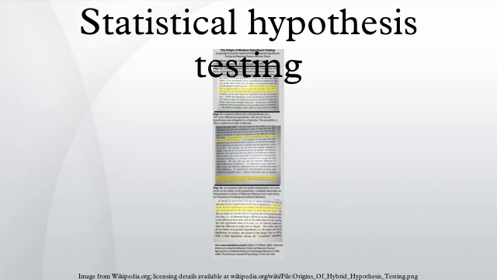The phrase "accept the null hypothesis" may suggest it has been proved simply because it has not been disproved, a logical fallacy known as the argument from ignorance. Unless a test with particularly high power is used, the idea of accepting the null hypothesis may be dangerous. Nonetheless, the terminology is prevalent throughout statistics, where its meaning is well understood.